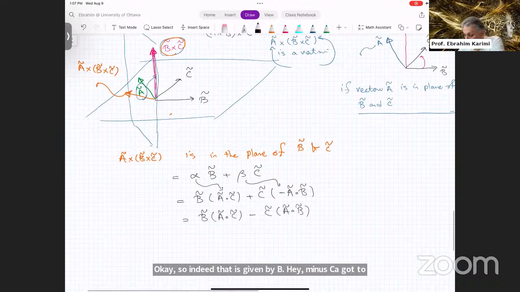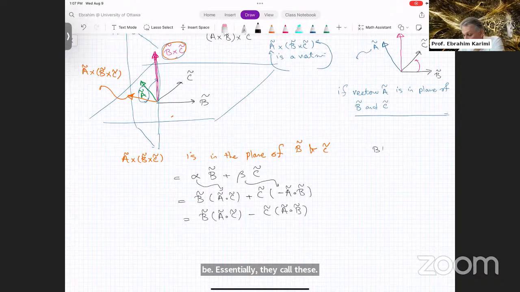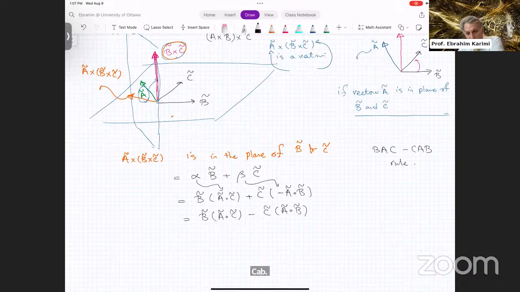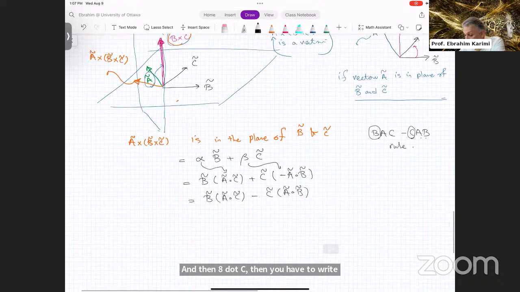Essentially, they call this A cross B cross C the BAC-CAB rule. Okay? First, you have to write B, and then A dot C, then you have to write C, A dot B. Okay? The result, remember, what is the result?